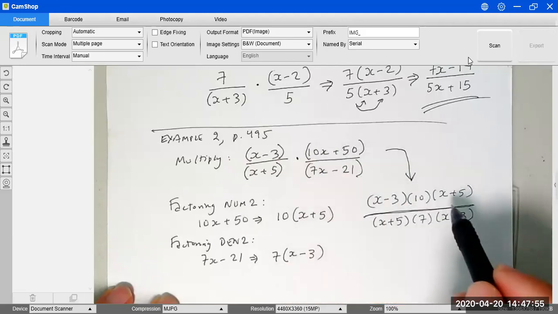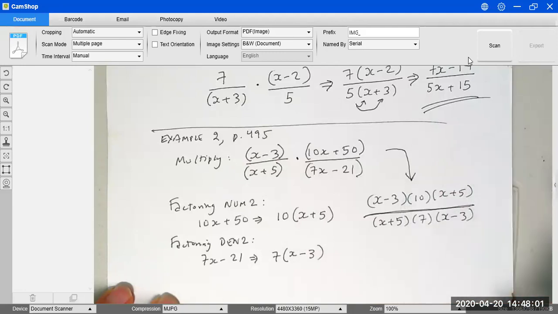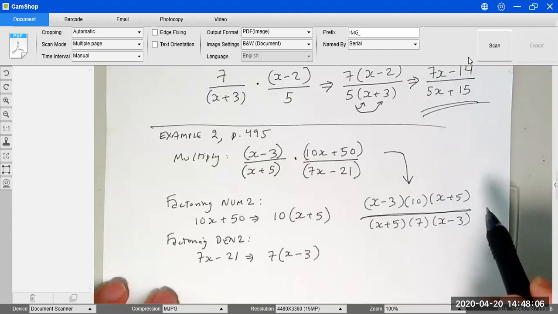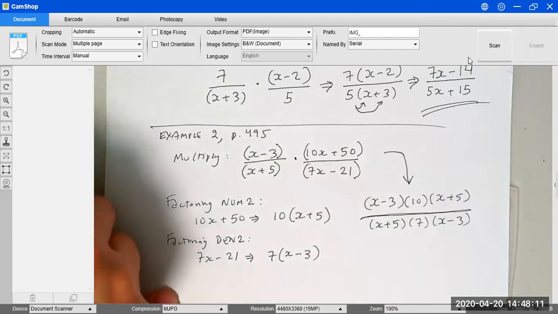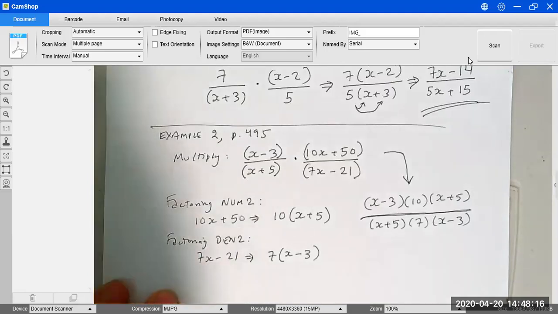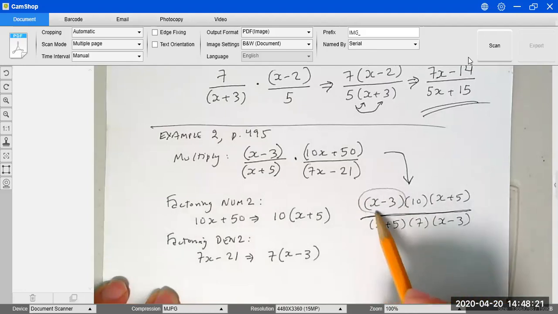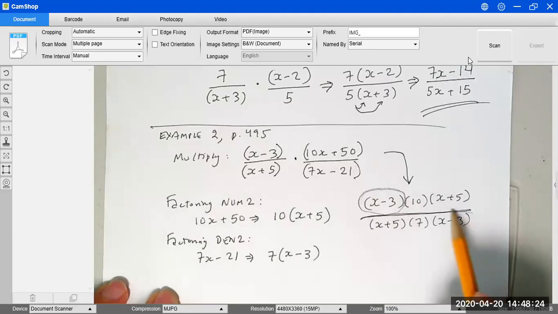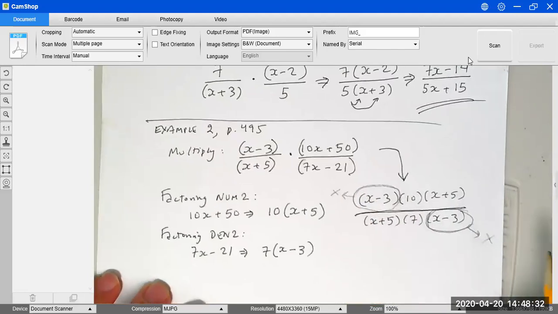I haven't finished my work, because before applying the distributive property or something else, I need to see whether I can cancel common terms, common factors. And by canceling something, I mean the entire parenthesis, not pieces or parts of every parenthesis. So, are there any factors that I can cancel? Yeah, I have this x minus 3, the entire parenthesis, and this x minus 3. So this goes away and this also goes away.